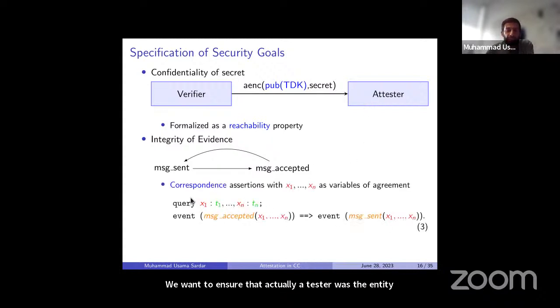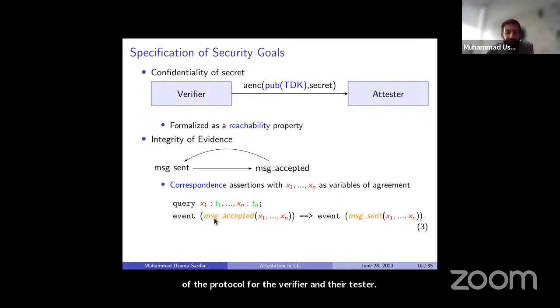From a formal perspective, this can be formalized as a correspondence assertion, which means that I have some variables of agreement. I define some events in both modules of the protocol, for the verifier and the attester.